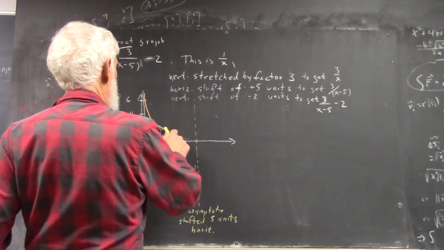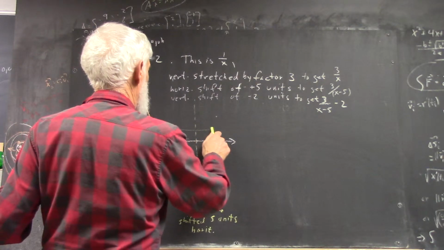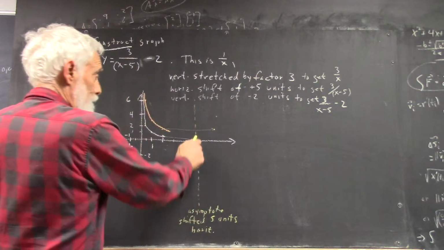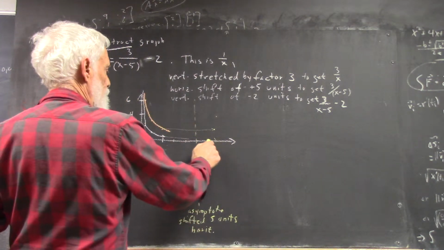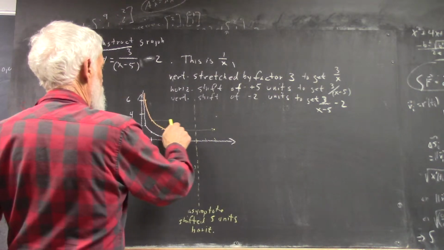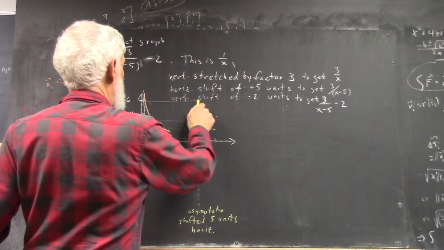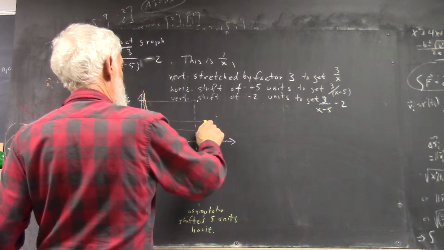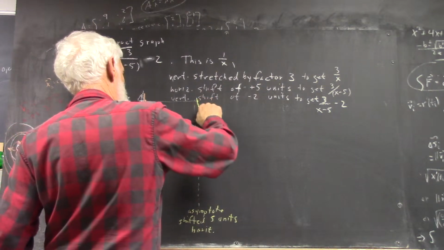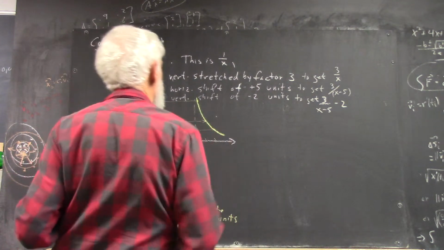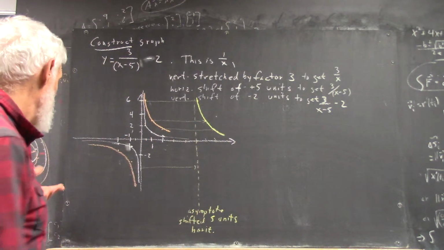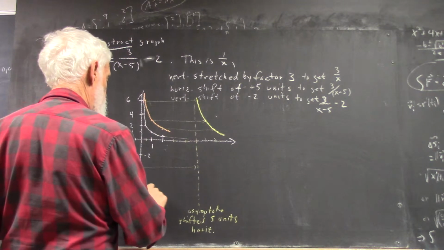So this point is going to move 5 units over, which is going to put it 2 units to the right of x equals 5. That'll be at x equals 7. This point's going to move 5 units over. This point's going to move 5 units over. So I'm going to have these 3 points. Here's going to be my graph. Then I'm going to do the same thing with the points I've got here.